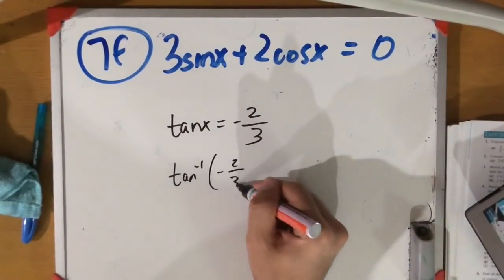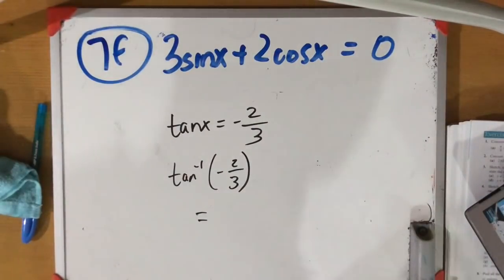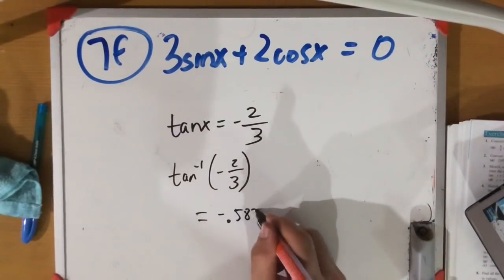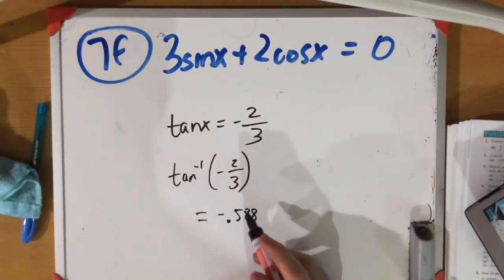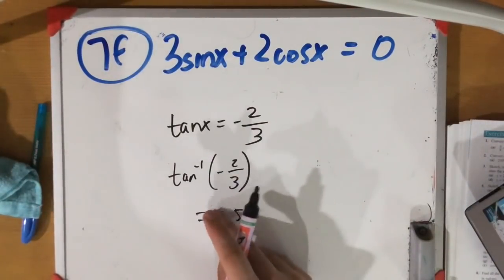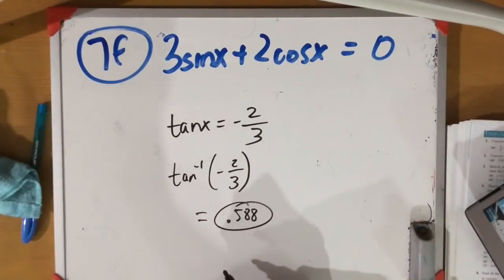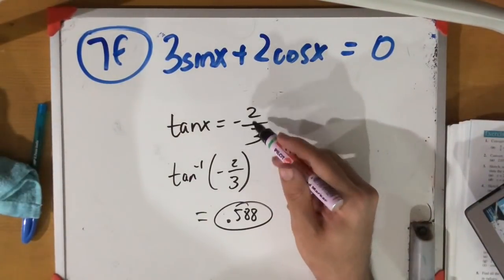We have negative 2/3 that we're evaluating. The base angle according to this is negative 0.588. Now these are base angles. What it just got for you is a base angle, so we don't really need this negative. So this is what we're evaluating, 0.588. So ask yourself, where is tan negative?